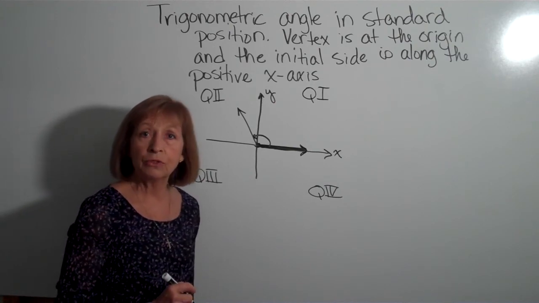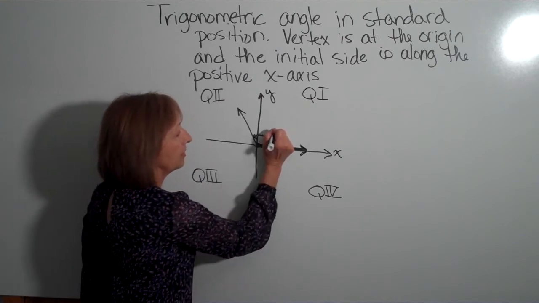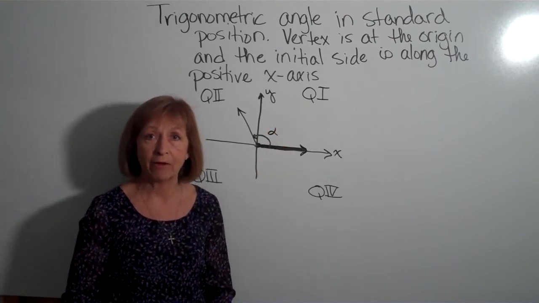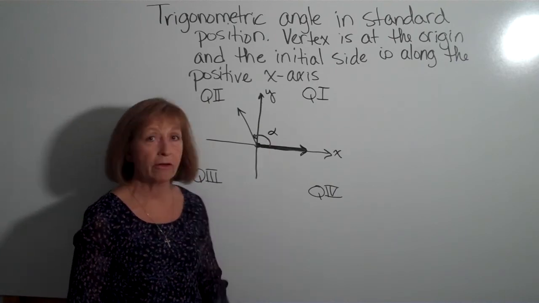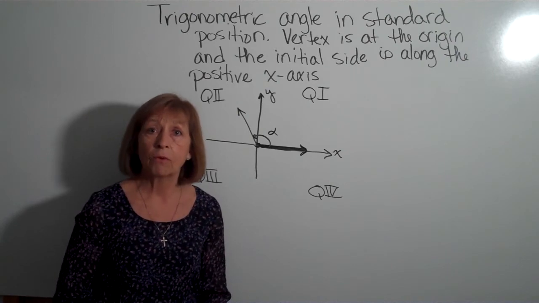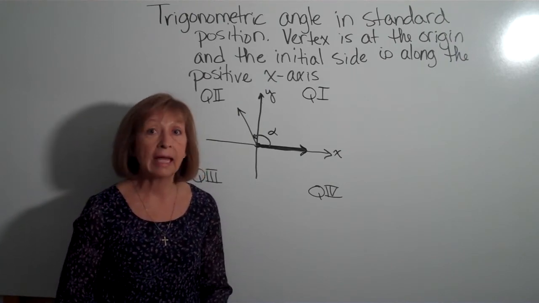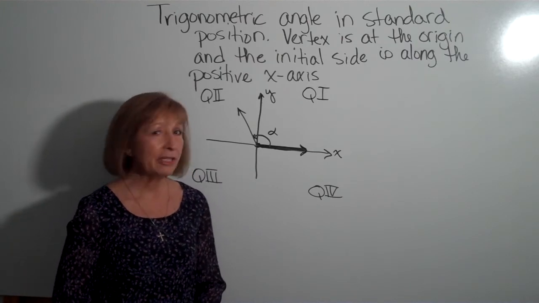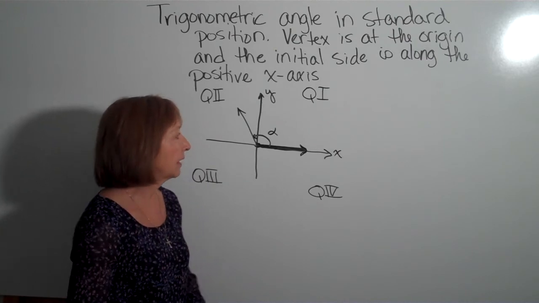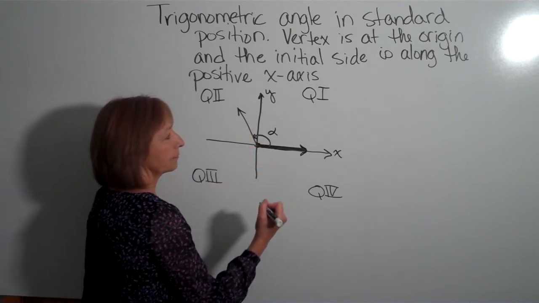A lot of times we use Greek letters to name these angles, so I'll call this angle alpha. Alpha is the first letter of the Greek alphabet, and I did a small case alpha. You will see us use small case Greek letters for angles quite often. Sometimes we'll even use capital Greek letters, so make sure that you also review the Greek letters as well. Now, that's going to be a positive angle.